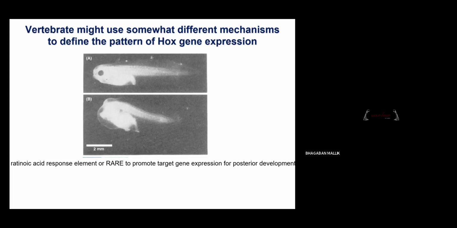So here the retinoic acid actually regulates the expression of Hox genes. That's how anterior-posterior development happens in vertebrates.